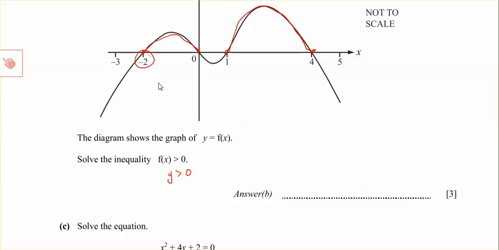But we've got 2. So we've got when x is less than 0, greater than minus 2, and when x is less than 4, greater than 1. So we've got 2 of them. Alright. You have to put those two things.